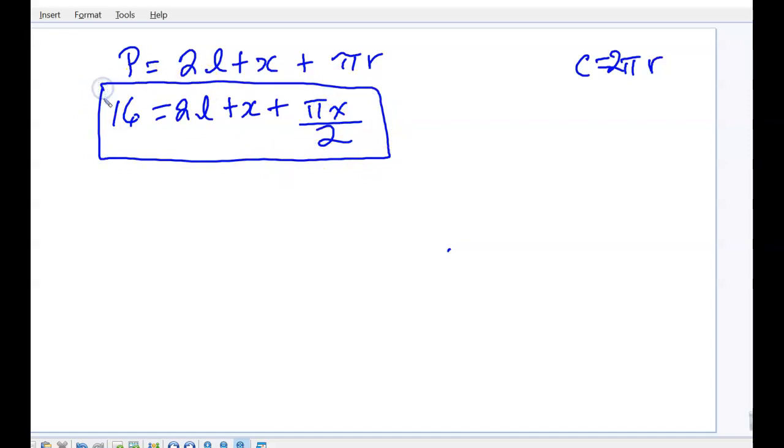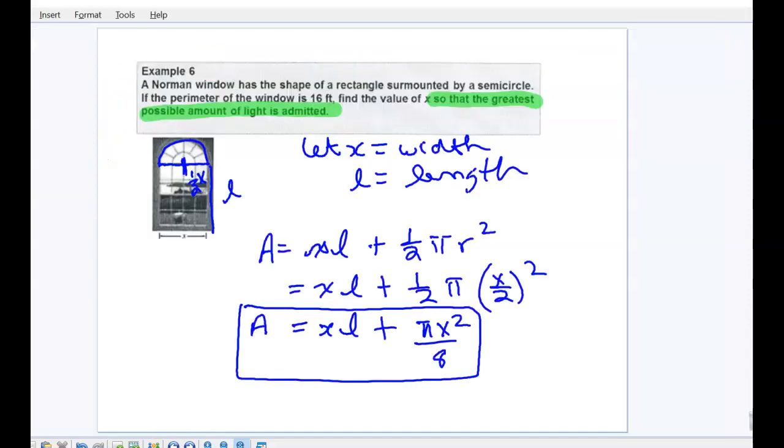Again, a little bit more challenging than the ones that we've used previously. Okay, so now I am going to try to isolate one of the variables, and I'm going to isolate the L in this equation, because if I look back here, L would be the easiest to substitute in for here.